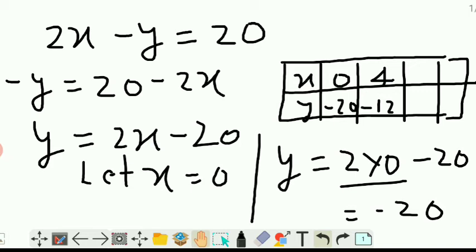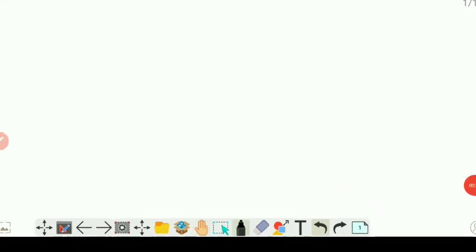So this is the way to find the solution of a linear equation in two variables, and this way we can find an infinite number of solutions. I hope you have got how to find the solution for a linear equation of two variables.